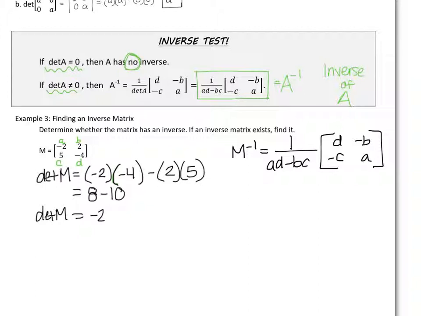Now, we just need to fill in for all the A, D, B's, and C's. Look, we already figured out what AD minus BC was, didn't we? That was over here, so we already have that. So it's -2.